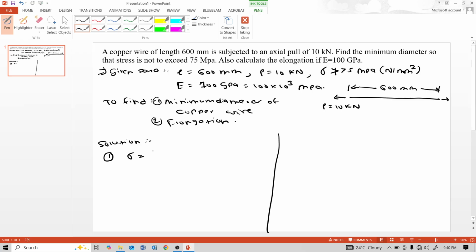Stress does not exceed 75 MPa. So stress we have taken 75 is equal to load, which is 10 kilonewton. Convert it into Newton: 10 into 10 raised to 3 Newton, divided by area.